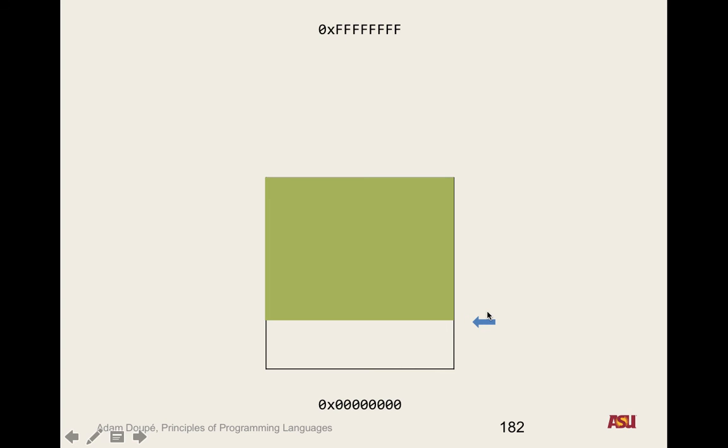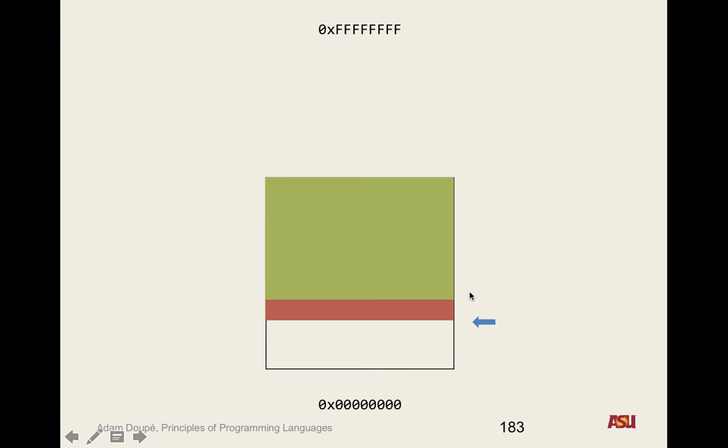Then when the program asks for a chunk, it splits the free chunk into two chunks and asks, how many bytes did you want? Great, 4 bytes. I need 4 bytes plus 12 bytes of overhead, so I'm going to allocate 16 bytes.